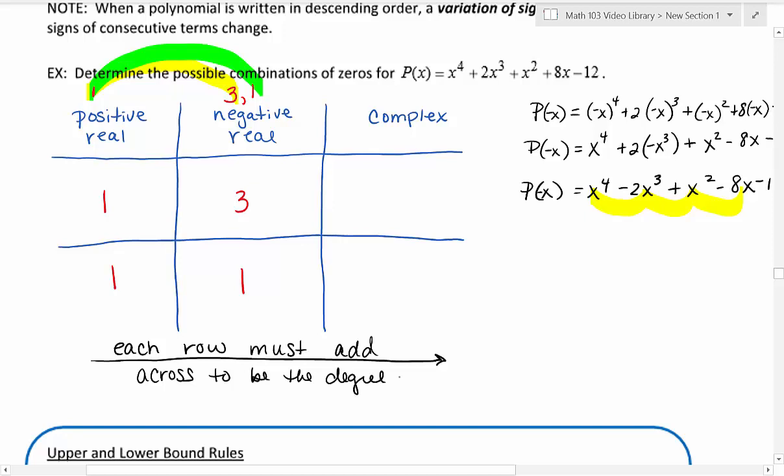To fill in the complex column, we're just going to figure out what number we would have to put there so that each row added across to be the degree, which in this example is 4.